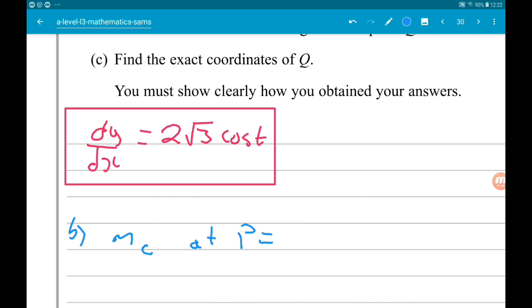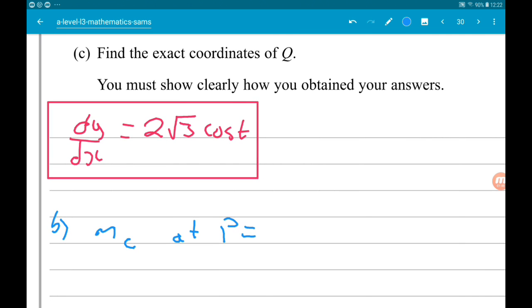So that's going to be 2 root 3 cos of 2 pi over 3.